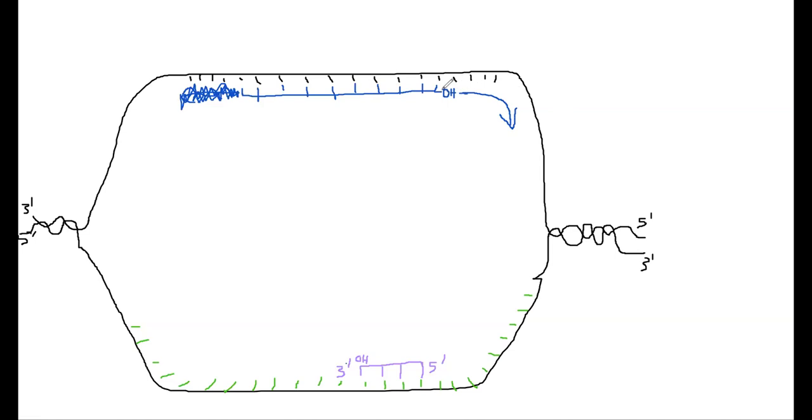So if this was the hydroxyl group, then replication is proceeding continuously in this direction, because that would be 5' there, and that would be 3' there. Here it's in reverse. Here's the 3' hydroxyl group, so replication is proceeding in this direction.